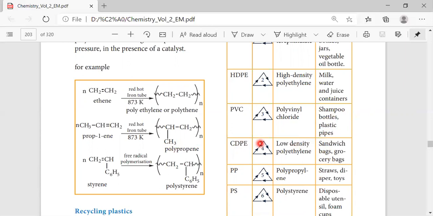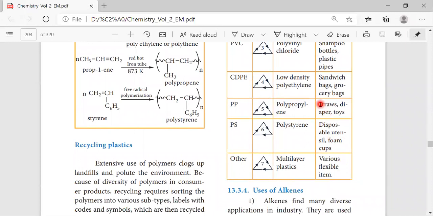Sandwich bags, grocery bags, plastic, that is LDPE. Then PP, polypropylene. Okay, that is straws, diapers, toys. That is polypropylene. Polystyrene, disposable utensils, foam cups, those are all made of polystyrene, and other plastics like multi-layer plastic, used for flexible items.